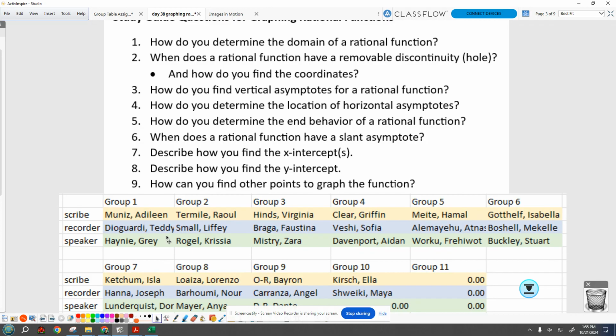Group 6, Bella, can you write up over there how we find horizontal asymptotes? Group 7, Isla, can you tell us how we find end behaviors? Group 8, Lorenzo, it's you. Can you show us how to find a slant asymptote? Group 9, Byron, can you show us how to find x-intercepts? And group 10 would be Ella. Can you show us how we find y-intercepts?